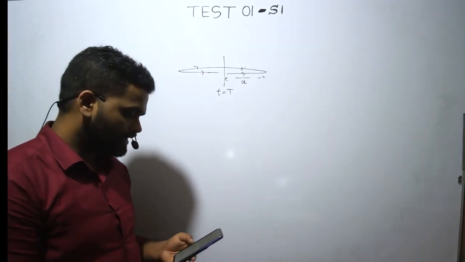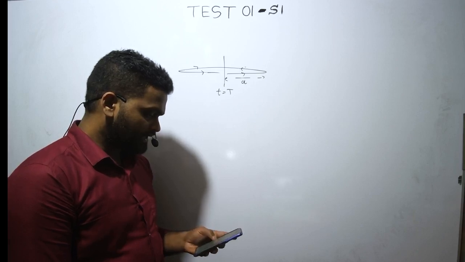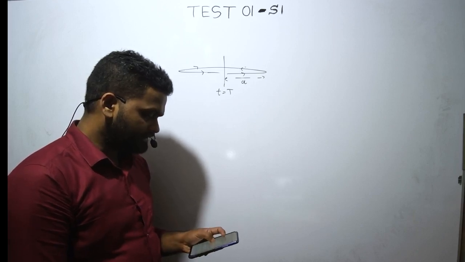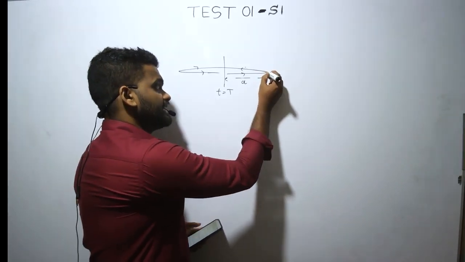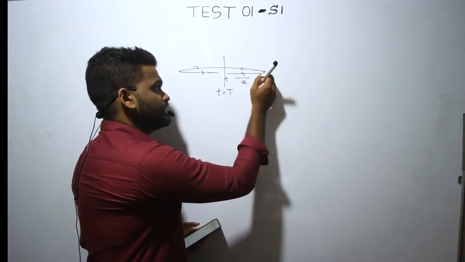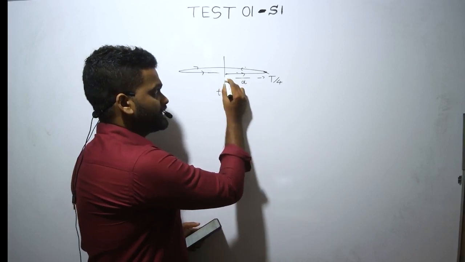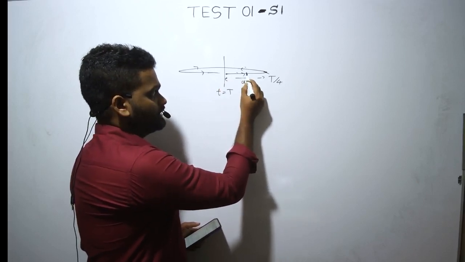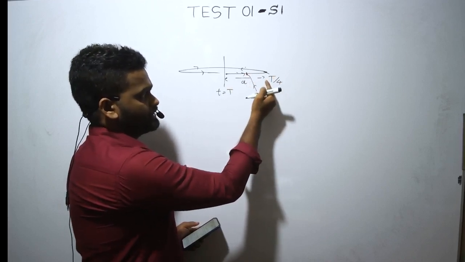The displacement of the particle after T/8 starting from the center is, right. You know that from here to here it is T/4, and from here to here it is T/8, so it is half of T/4.